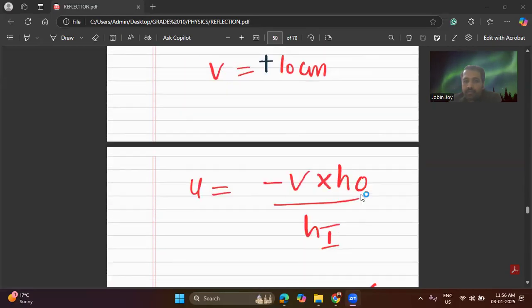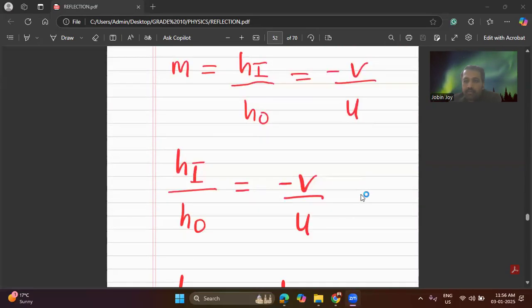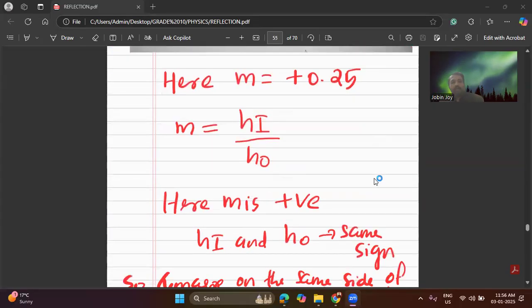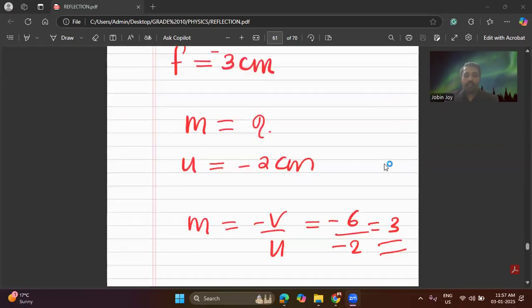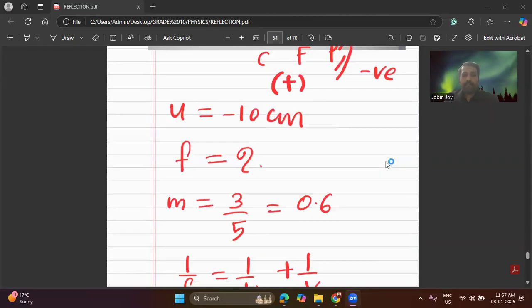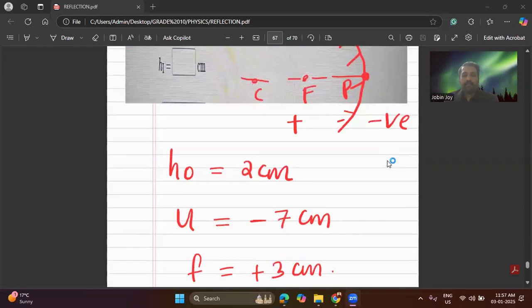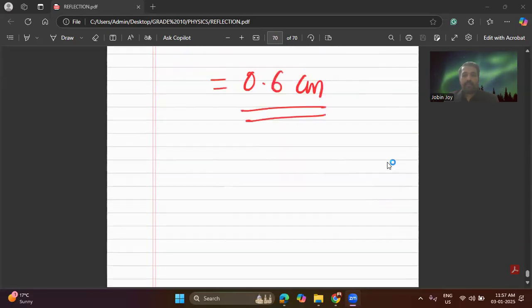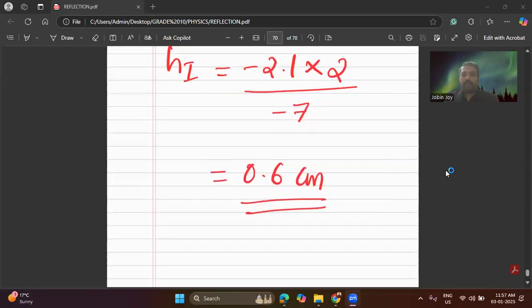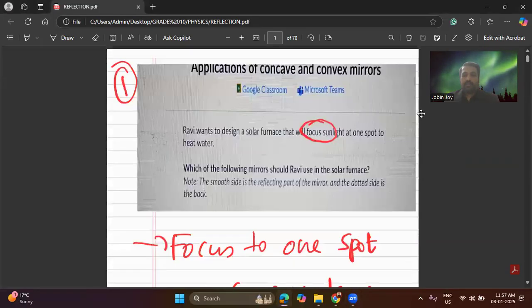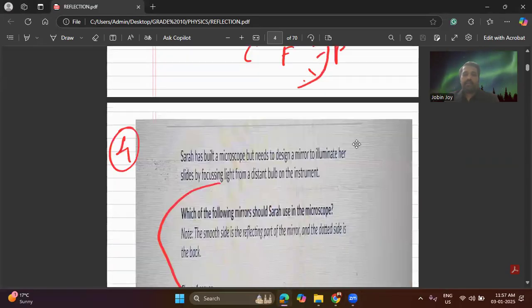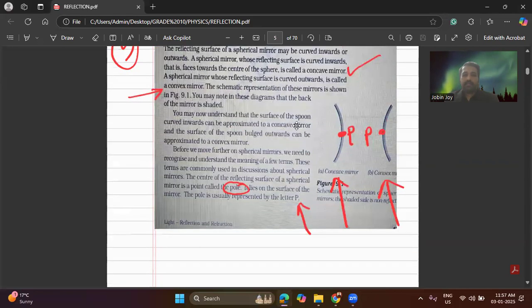We will use those equations and we will solve some problems. Okay, so that's all about this chapter. Okay, let's start. So we will start with the spherical mirrors.